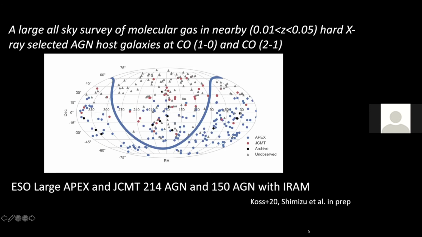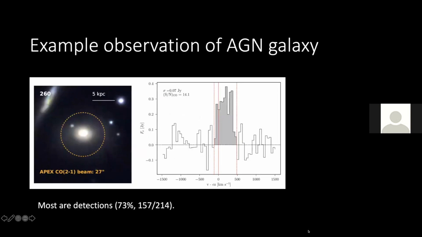So this is showing you the first 214. This was recently published a few weeks ago, and you can find it on arXiv. There are also other surveys being done with IRAM that Taro Shimizu is doing, and we have another approved program with APEX to do some deeper observations. So this is a typical galaxy.